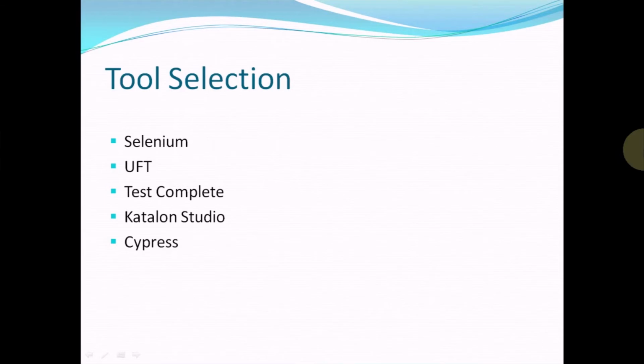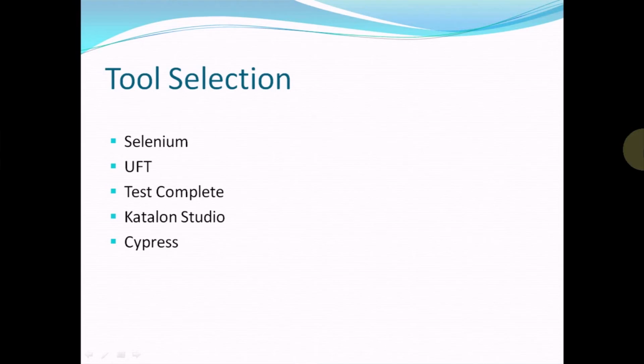not only the tool, the supported languages are also important. Suppose Selenium is a tool which supports only the Ruby language, it is very difficult to find resources in the market. So even though Selenium is a good tool and provides a huge number of features, the supporting language is also very important.